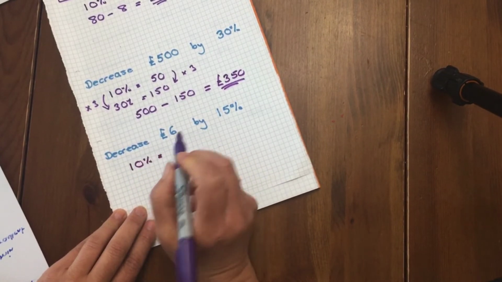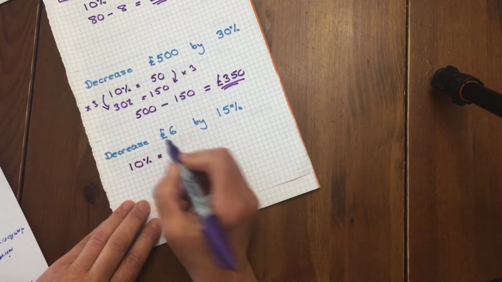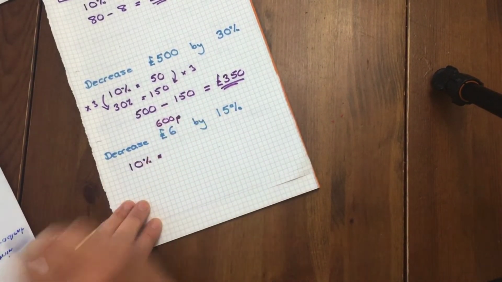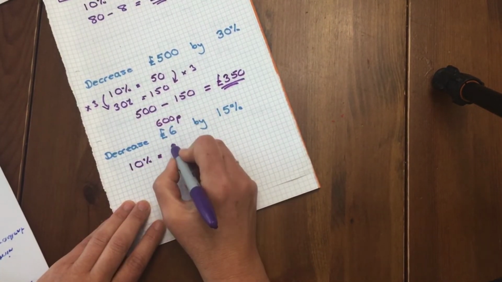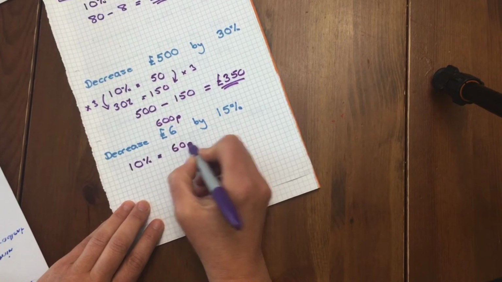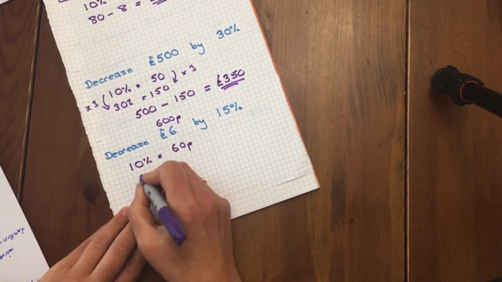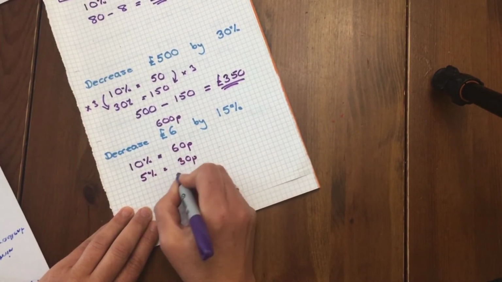So now, the problem with this question is it's hard to find 10% of £6 unless I change the £6 to 600 pennies. So 10% of 600 pence is 60p. It's much easier to work in pence than pounds. 5% will be half of 10%.